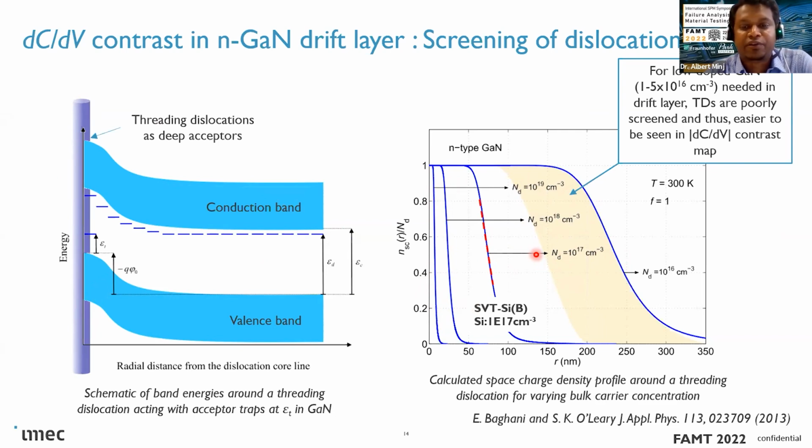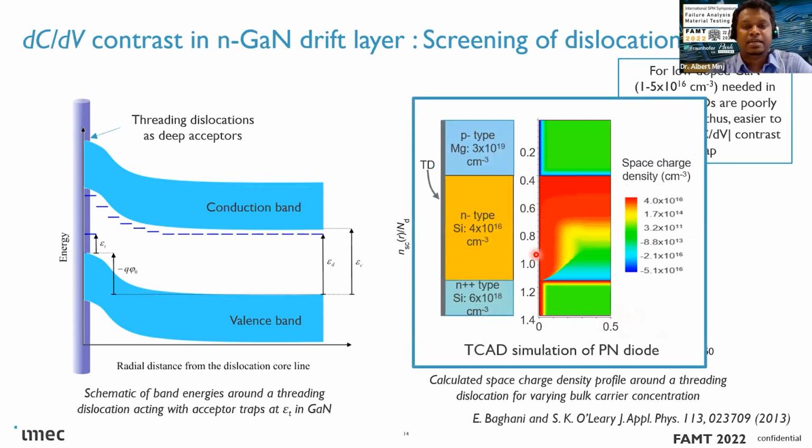So this is the reason why we were not able to see the space charge or the local DCDV drop around threading dislocations when the carrier density was 1E17. And of course, it will make it even harder if we try for much higher background carrier concentration. So we made a device simulation of a PN diode using similar values for the parameters for the threading dislocations.